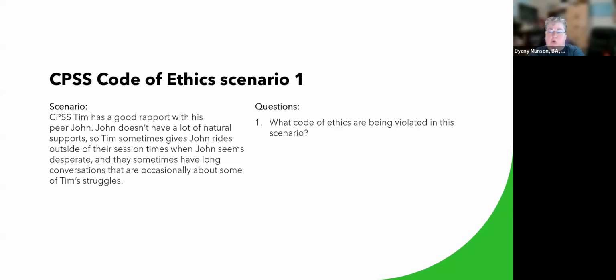Absolutely. Giving rides within sessions is not necessarily bad if it's in the course of supporting them in their recovery goals, not just to give them rides, right? But if we do give them rides, especially outside of sessions, it is absolutely a dual relationship. We are now their peer support and their taxi service, and that's a big fat no-no.